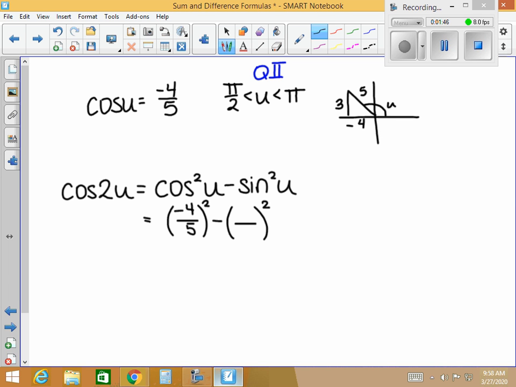The sine of angle u is the opposite side over the hypotenuse, which is positive 3 over positive 5, and that's squared. So I have 16 minus 9 over 25, which is 7/25.